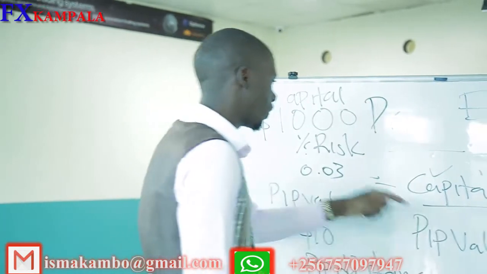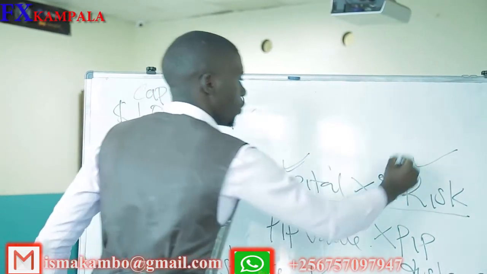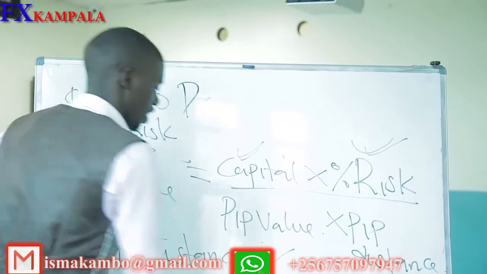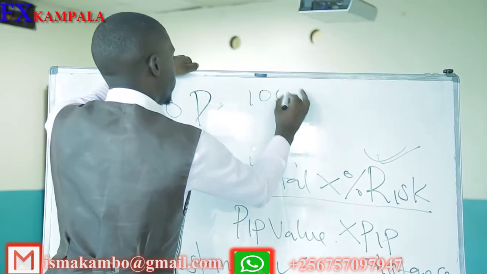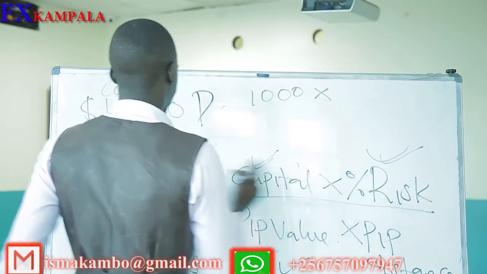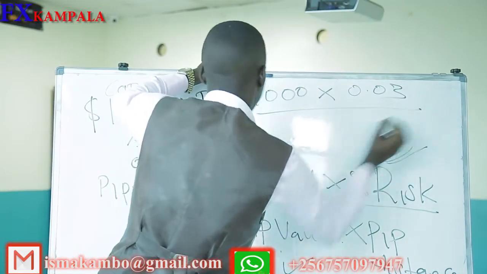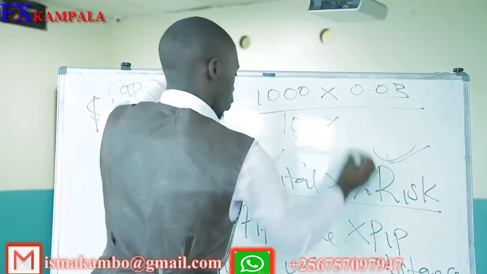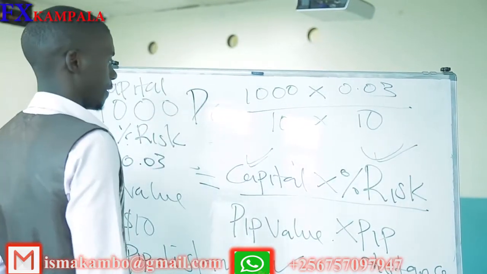So when you get the whole of this, you have your capital, how much you want to risk on the trade, the pip value, and the pip distance. So you start fixing in the values. The capital, we said, is $1,000 times the risk percentage, which is 0.03, divided by the pip value, which is $10 times the pip distance, which is, let's assume, 10 pips.